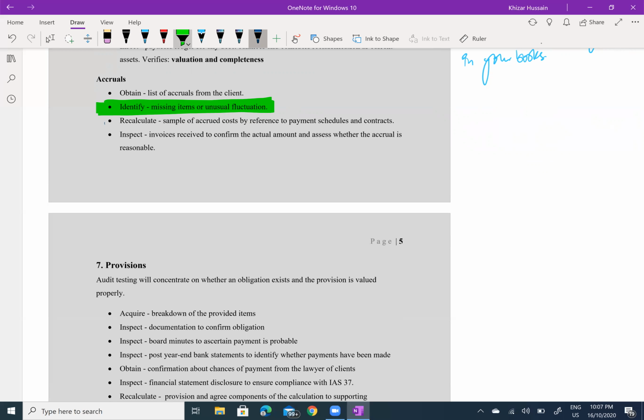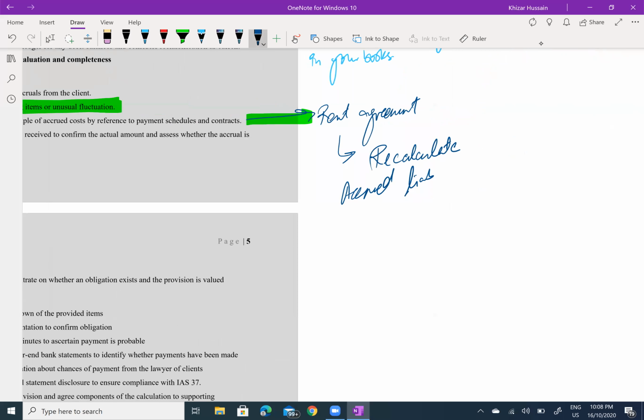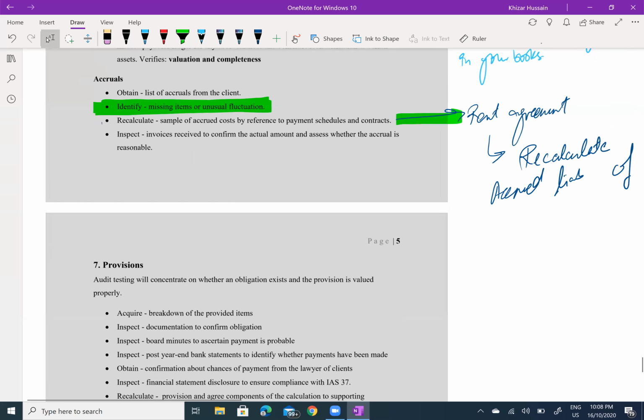Recalculate a sample of accrued costs by reference to payment schedules and contracts, right? So you need to remember that, for example, your rent agreement. If you already have the agreement, you can easily recalculate, because it's according to the agreement.